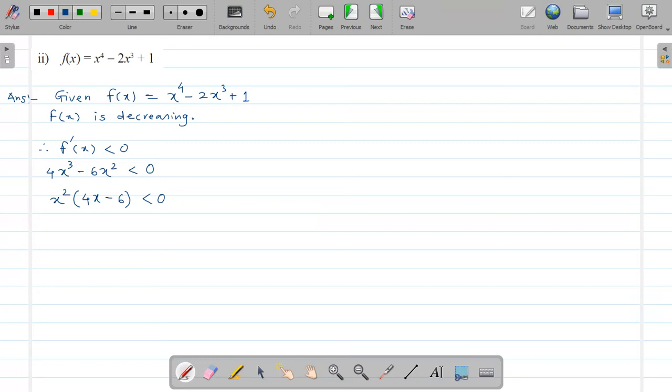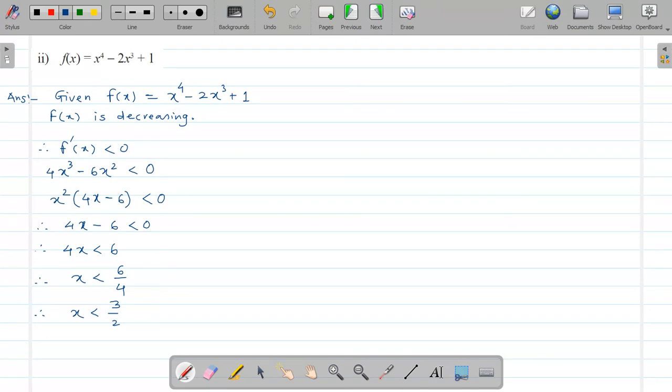There are two factors, one is x square and the other is 4x minus 6, in which we require 4x minus 6 less than 0 because x square is always positive. So from this we can write 4x minus 6 must be less than 0. Now we have to solve this. So we get 4x less than 6, and hence x less than 6 upon 4, or by simplifying, x less than 3 by 2.